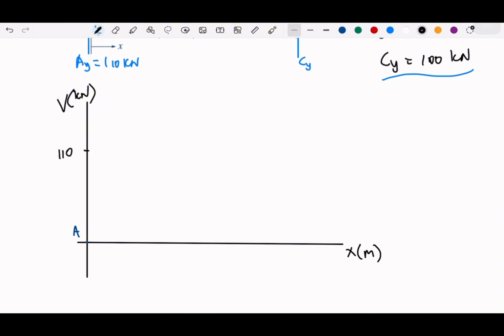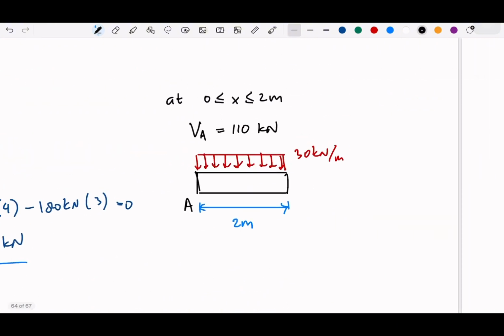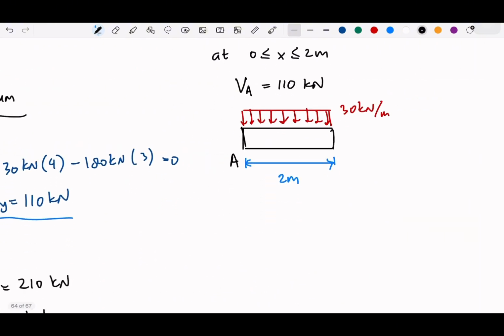Okay, and then what will happen is along the line, when we move from A to B, if we look at this, we know that the P is basically the first derivative of V, right? So this will be dV over dx, which is, in our case, because it's going down, negative 30 kilonewton per meter.